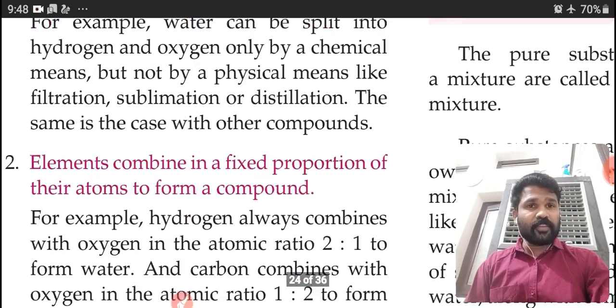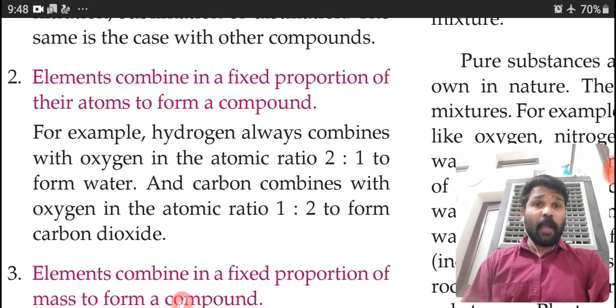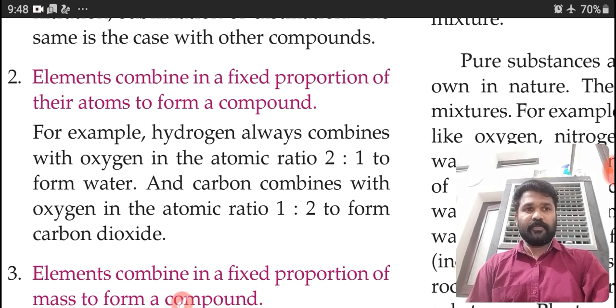Another property: elements combine in a fixed proportion of their atoms to form a compound. For example, hydrogen always combines with oxygen in the atomic ratio 2:1 to form water.